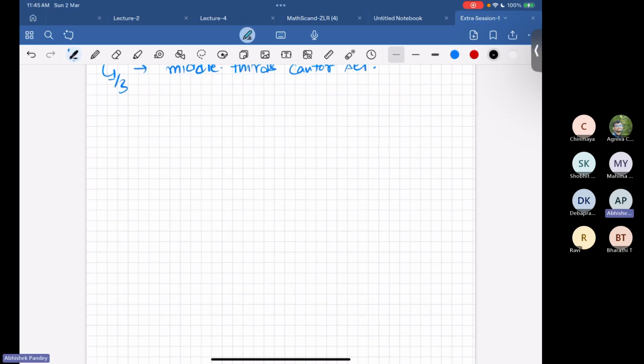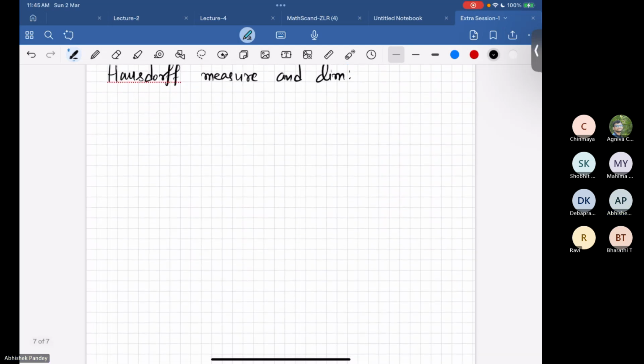Okay, so measure and dimension. Okay, so observe that for every k is 1, 2, and so on, this C lambda is contained in this union 1 to 2 to the power k I k j.